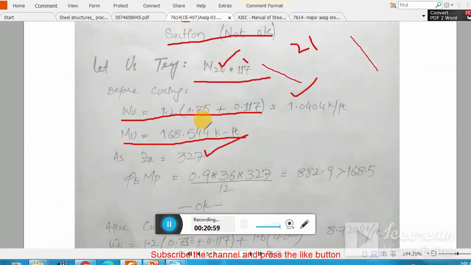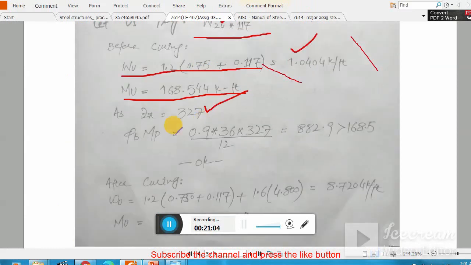Now we have to next determine the composite strength of the section. So this strength is basically only the strength of the beam. Remember, this is only the strength of the beam section, not the strength of the composite section.